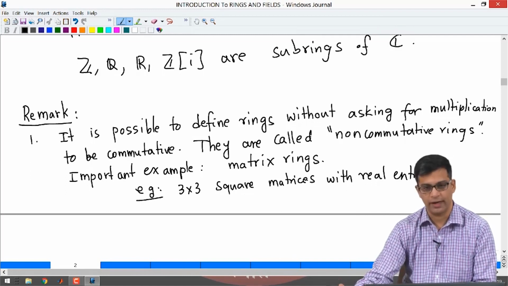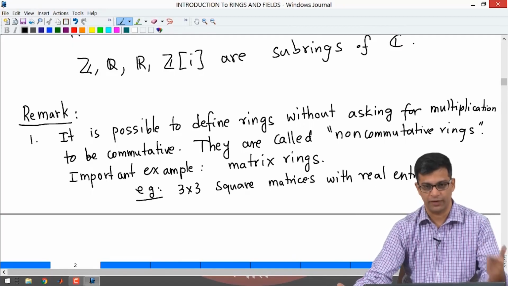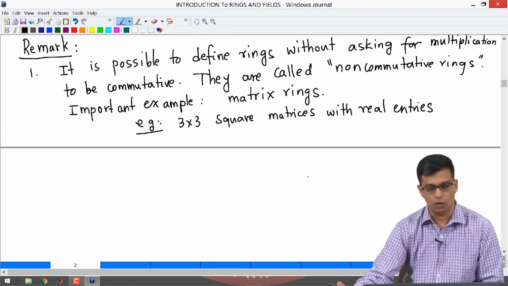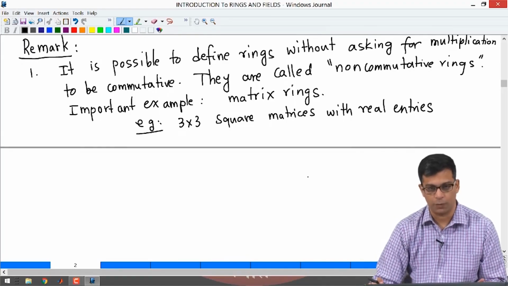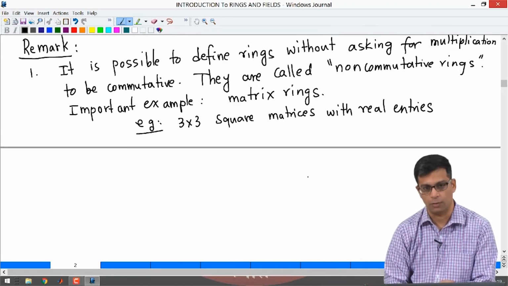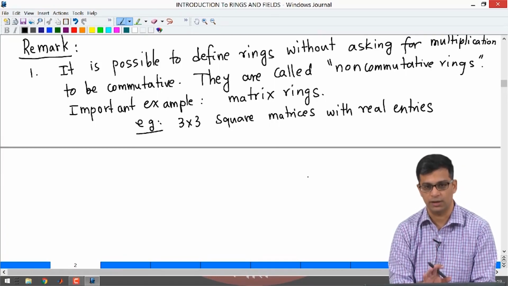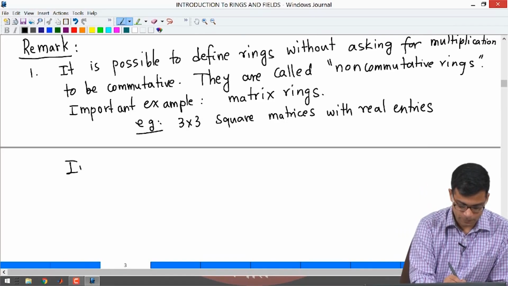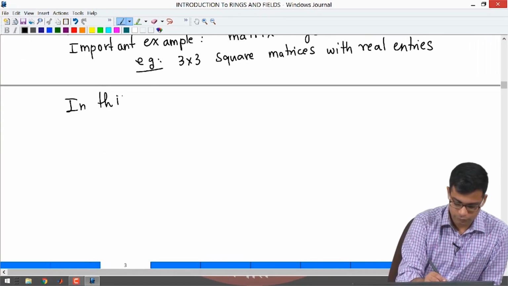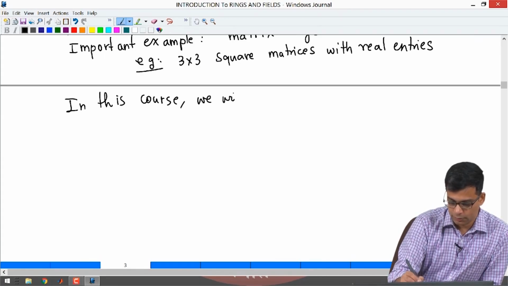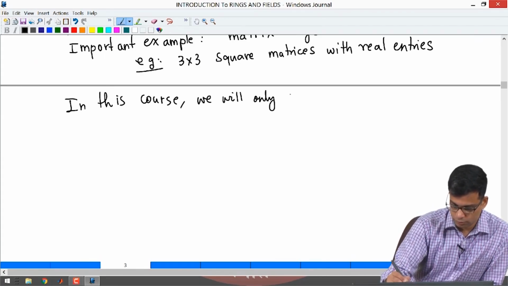Okay. So, that is why it is not a ring in the sense of my definition of the last video. However, it is what is called a non-commutative ring. So, the study of non-commutative rings and their properties comes under the subject of non-commutative algebra. So, I am not doing that in this course. In this course we will only consider commutative rings.